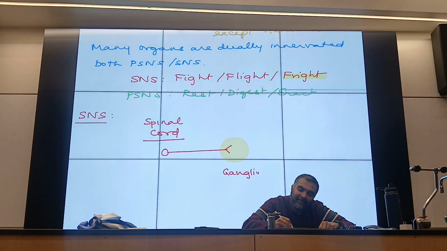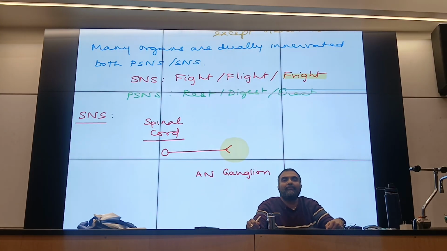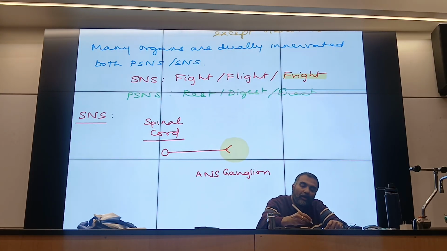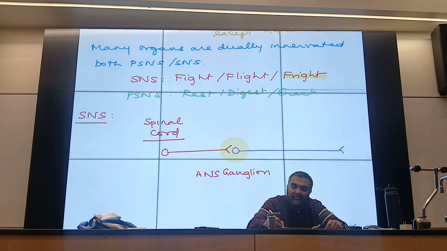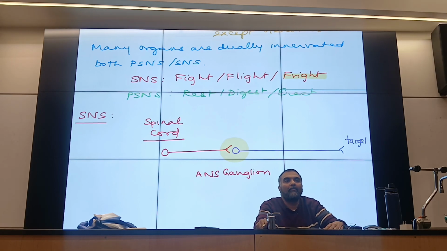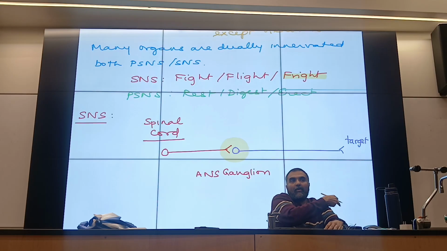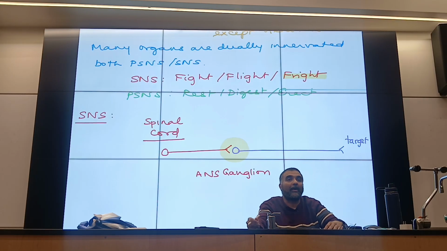It's an ANS ganglion, okay? And you will notice that this will synapse with some kind of a target organ. And if you think about the heart, the neuron has to come all the way around to your heart, correct? It's a very long neuron, correct?